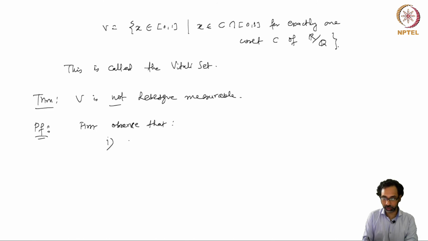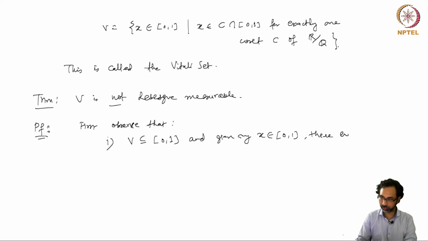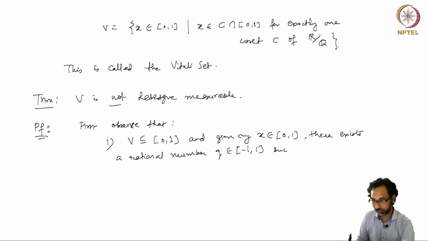First is that V is a subset of [0, 1] by construction, and given any x in [0, 1], there exists a rational number q in, say, [-1, 1] such that x minus q belongs to V.